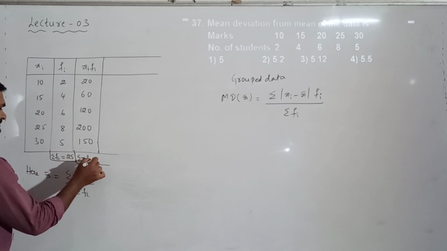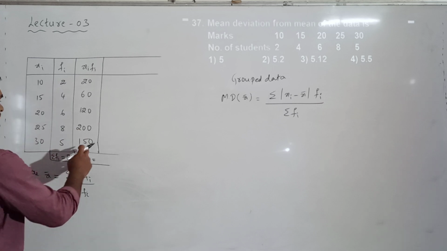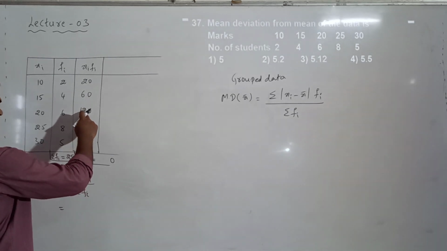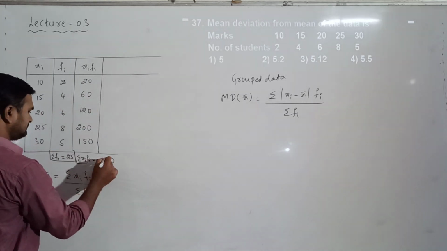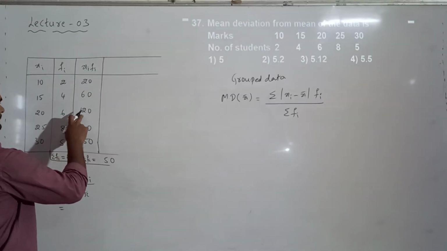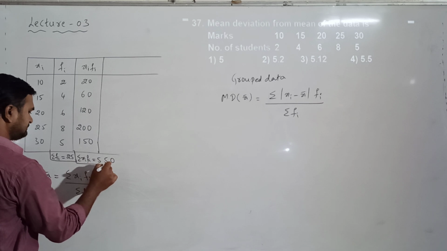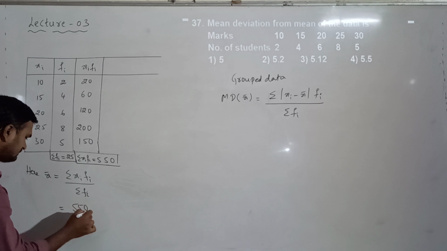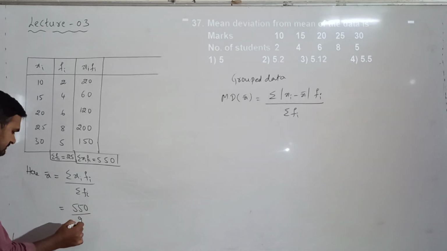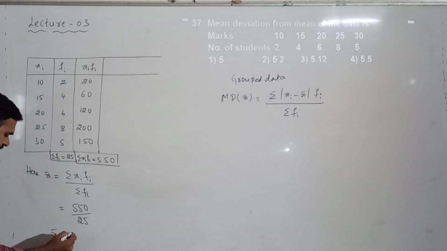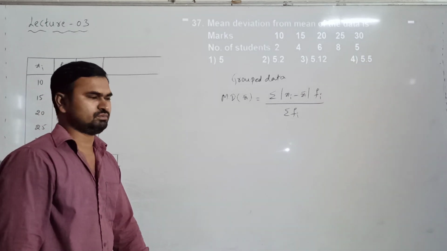Adding all this, we get 550. So 550 divided by 25. 25 twos are 50. So the mean is 22.